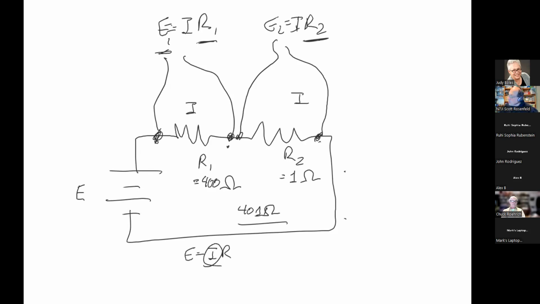Let's say this is 120 volts. You would have about a quarter of a volt over here, and about 120 volts being burned up in the power cord.